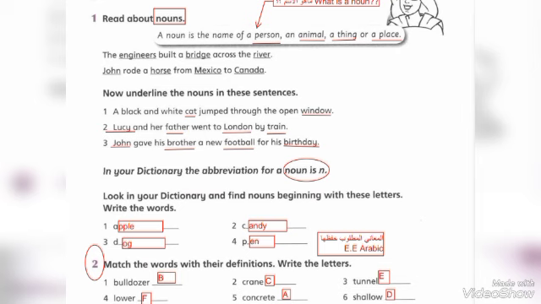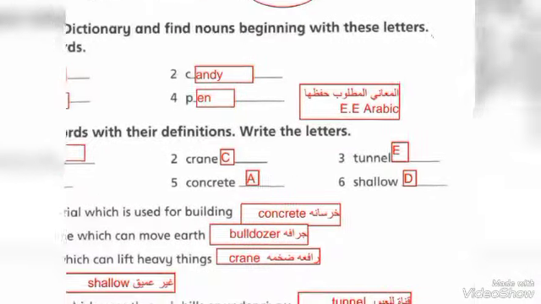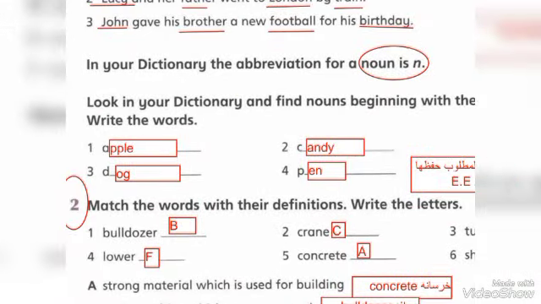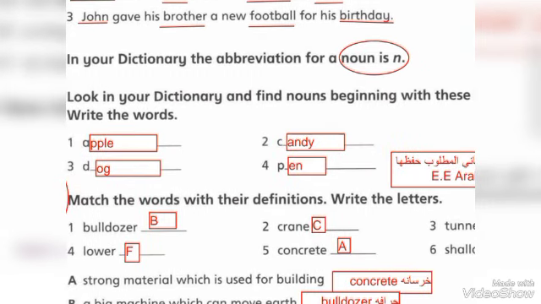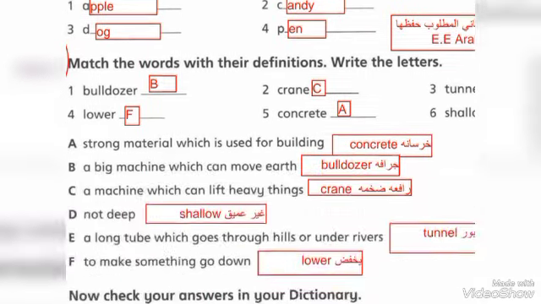The word concrete means strong material which is used for building. Bulldozer is a big machine which can move earth. Crane is a machine which can lift heavy things. Shallow is not deep. Tunnel is a long tube which goes through hills or under rivers. Lower is to make something go down.